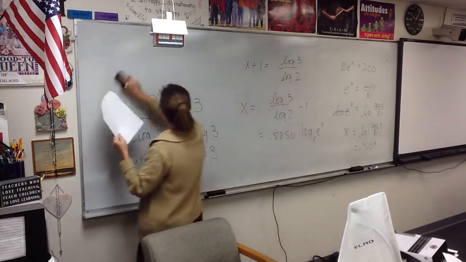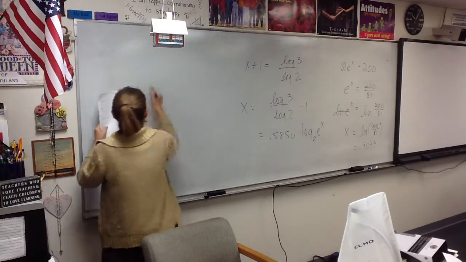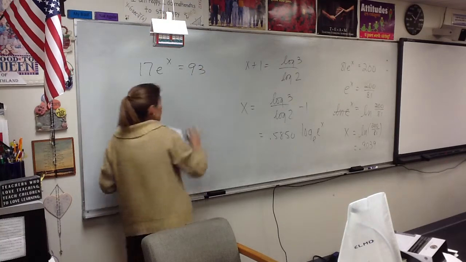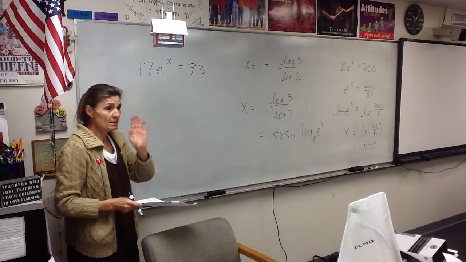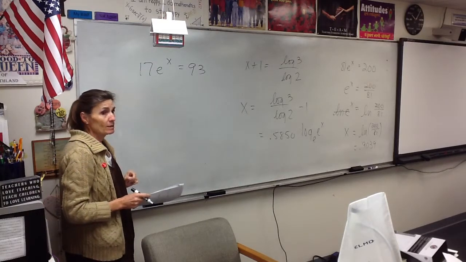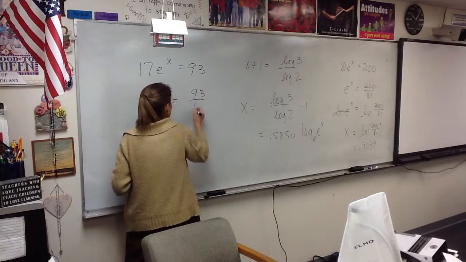So when I look at the next one, this is F, problem F. There's an e in it. So when I'm ready to take the logarithm, I'm going to use ln instead of log. But I'm not ready to do the logarithm yet. What has to happen first? Divide by 17. So e to the x equals 93 over 17.